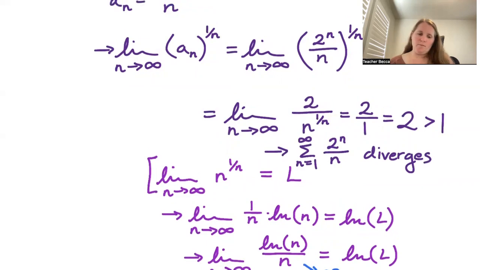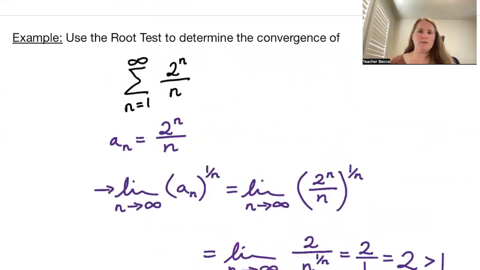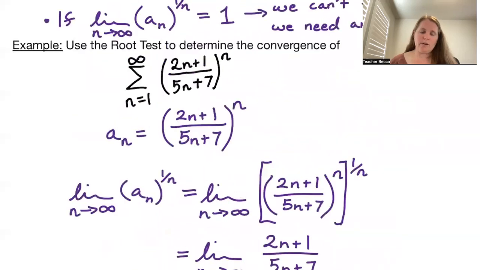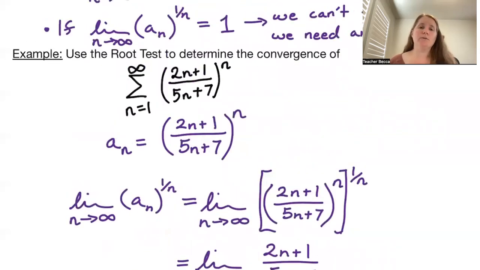So here we have an example of a case where we could quickly prove divergence using the root test. And we had a case where we could quickly prove convergence using the root test. This first example with the 2n plus 1 over 5n plus 7 raised to the nth would not be particularly pleasant using the ratio test.